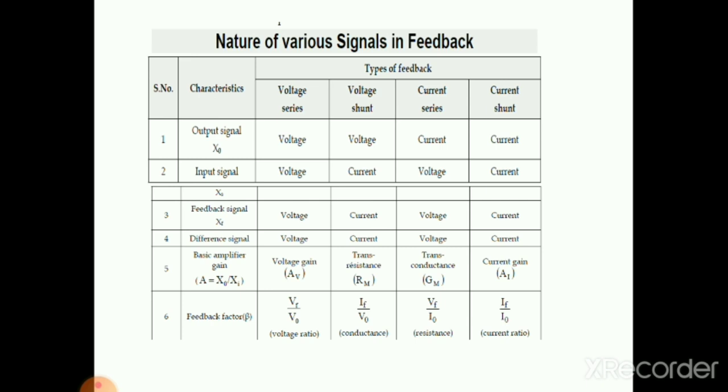In voltage shunt, the output signal collected is also voltage. In current series, the output signal collected is current. And in current shunt, the output signal collected is also current.